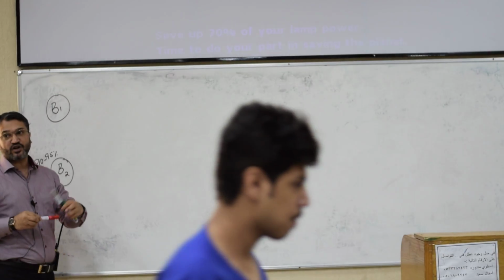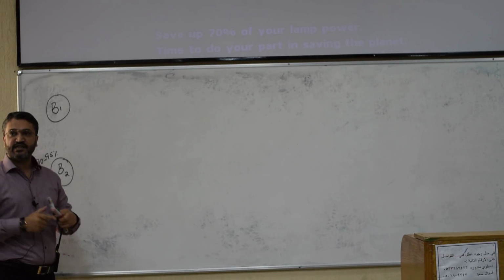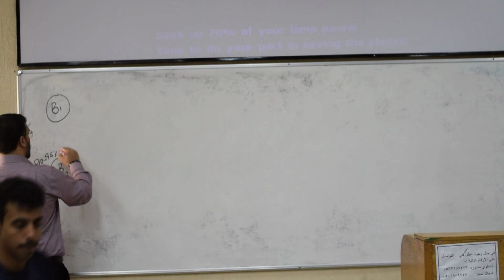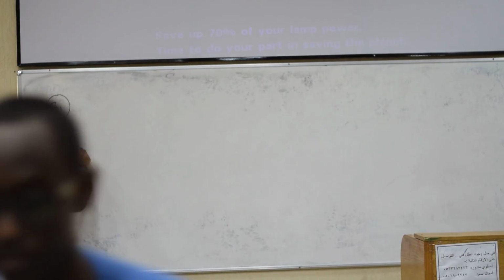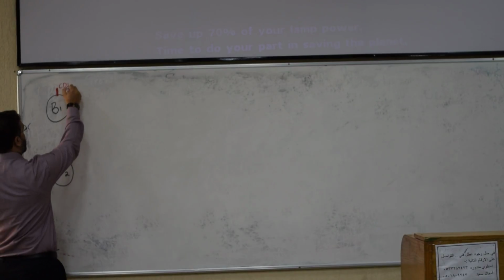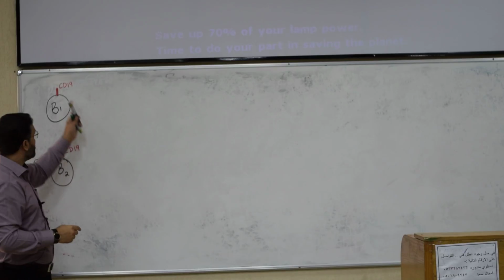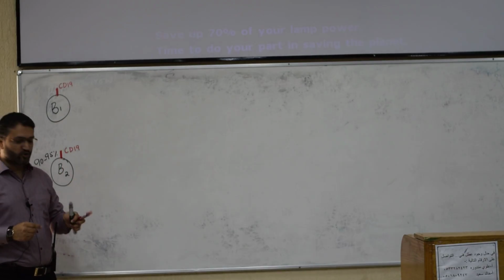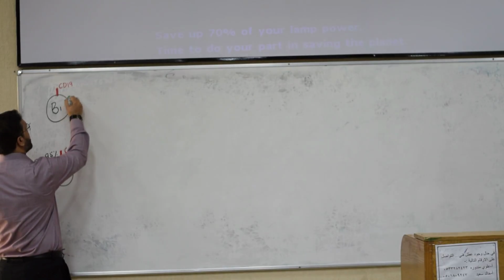All B cells have got one receptor, and that is called CD19. But there is one receptor which is very different between B1 and B2, and that is CD5.